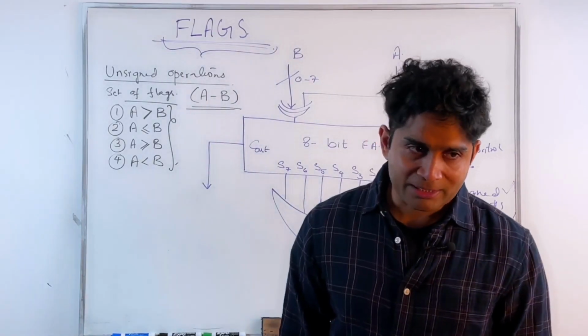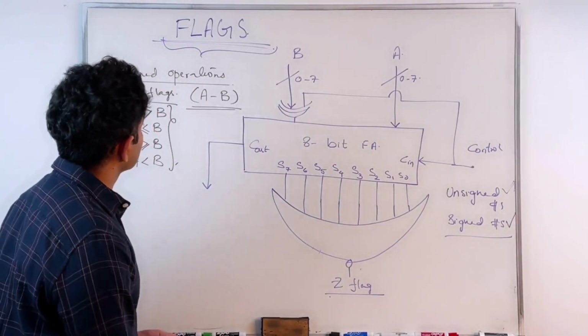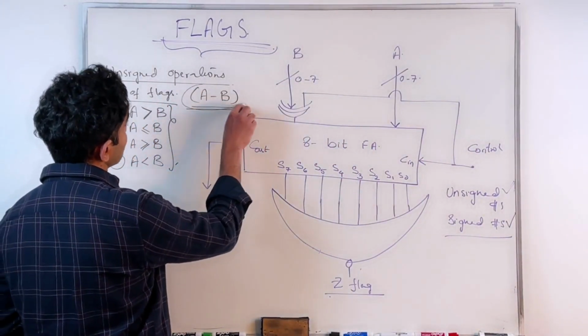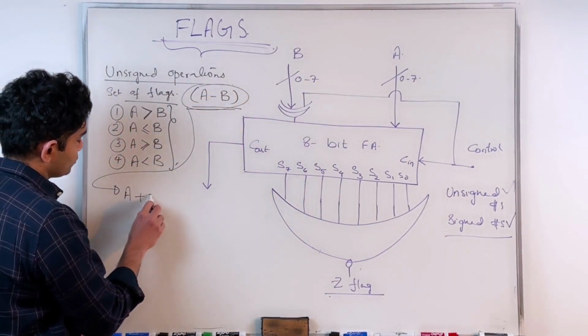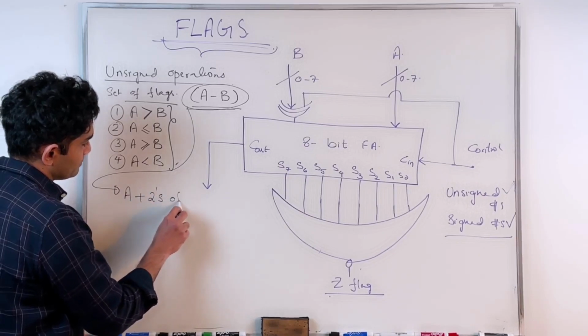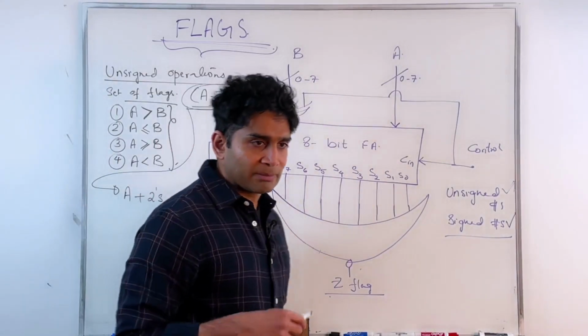So we need to go back to our 2's complement subtraction operations. At the hardware level, we are really doing A plus 2's complement of B, right? A plus 2's complement of B.